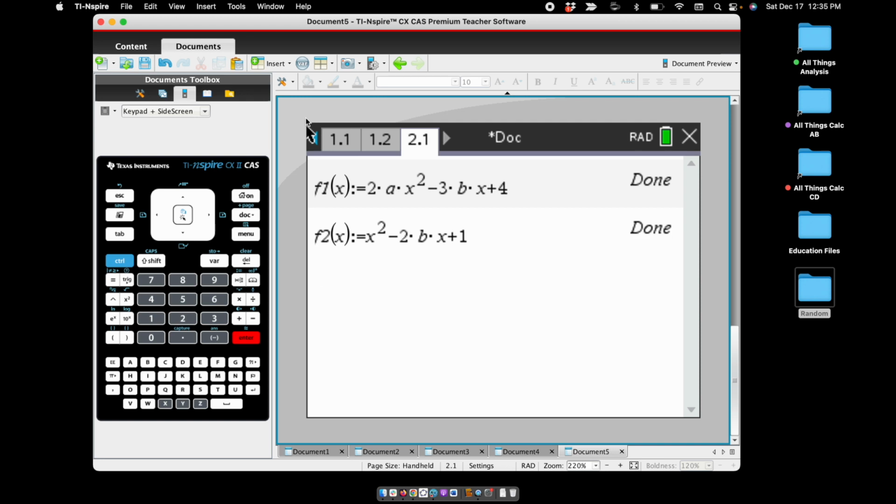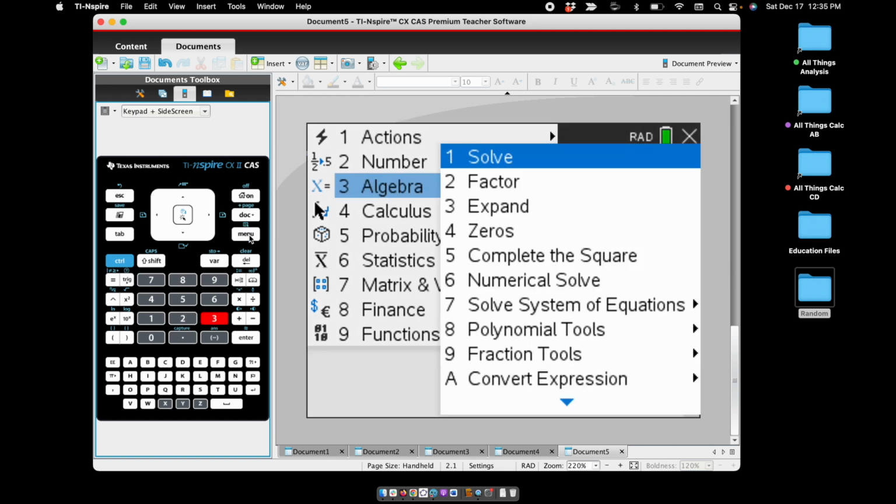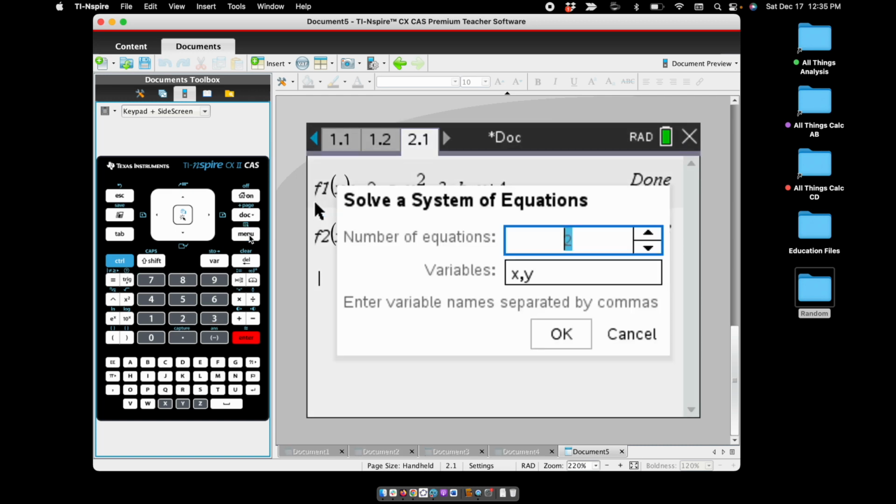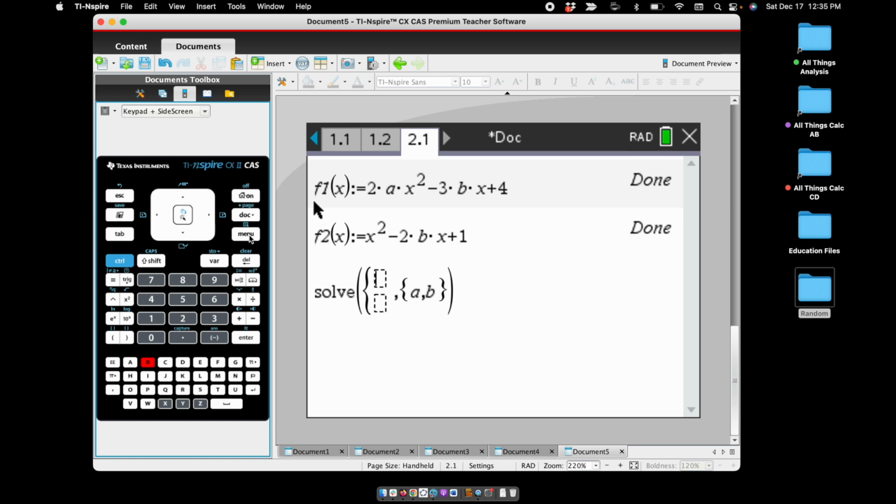All right, so what I want to do is solve a system of equations. Menu 3, 7, system of equations. 2 equations, 2 unknowns. The unknowns are going to be a and b. First up, we have f1 of 2 should equal f2 of 2. And then the next one is the derivative. So we want the derivative with respect to x of f1 of x such that x is 2.